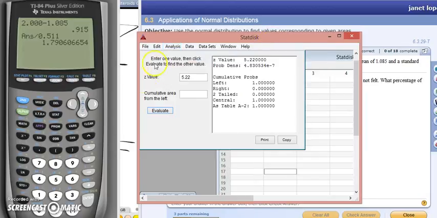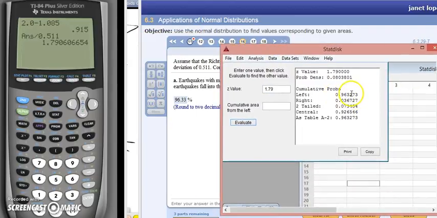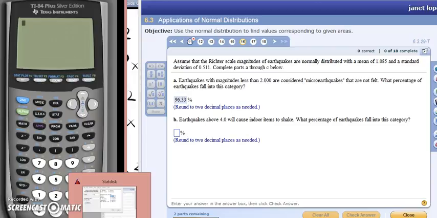Once you go here, it will take you to this little screen, and you see this 1.79. You just enter it in here, 1.79. The cool thing about this is that it will give you the left side and the right side. So I got the left side and then I rounded up the 2 to 3 and I put it in there, and then that's good.